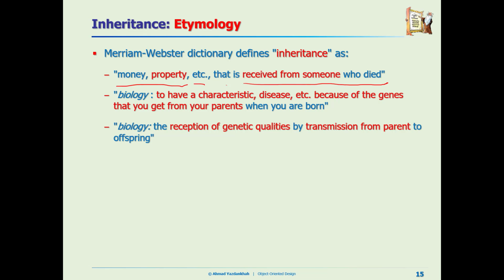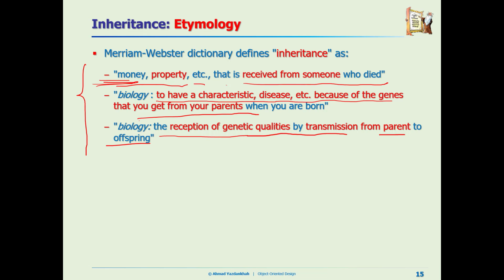From biology: to have a characteristic, disease, etc. because of the genes that you get from your parents. The reception of genetic qualities by transmission from parent to offspring. Exactly the same meanings, except probably the first one.